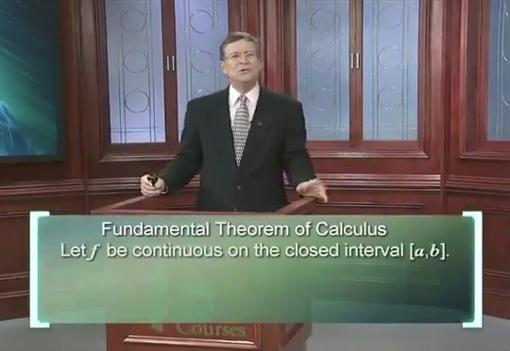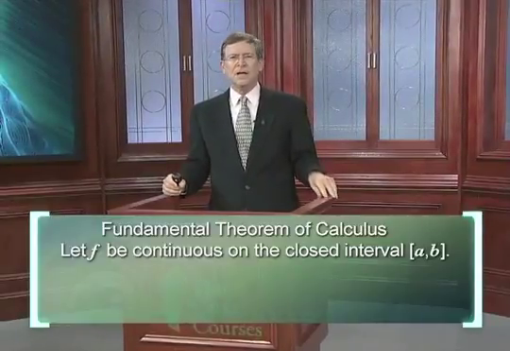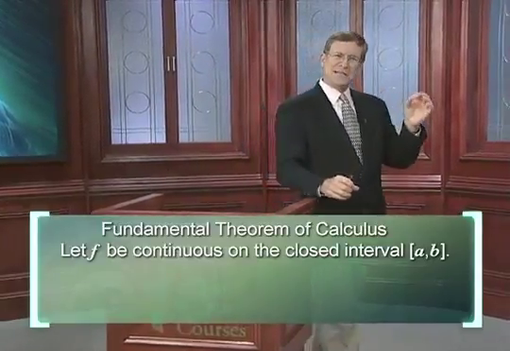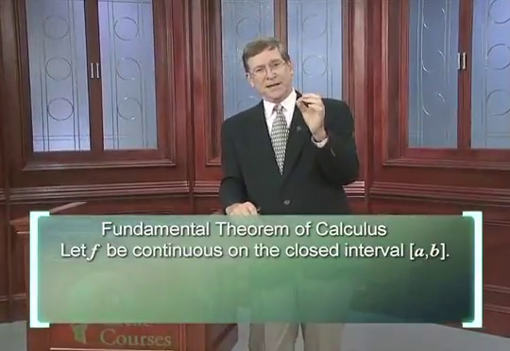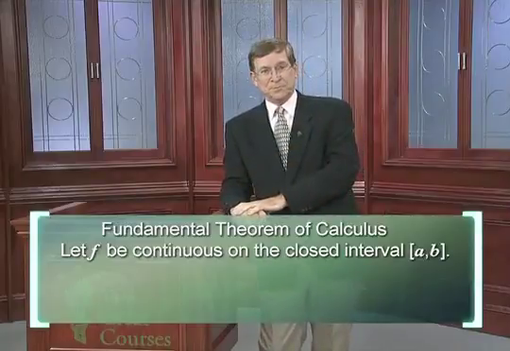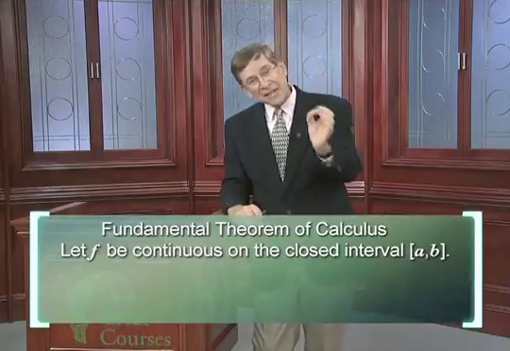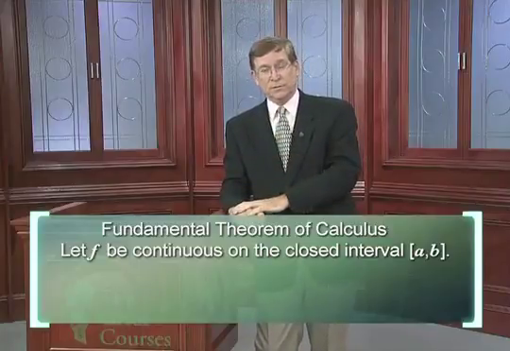So, what does the fundamental theorem of calculus say? Here's the setup. Suppose you have a continuous function on a closed interval ab. If you want to calculate the definite integral of that function, f of x, between a and b, here's all you have to do. Find an antiderivative of the function f. Any antiderivative will do.